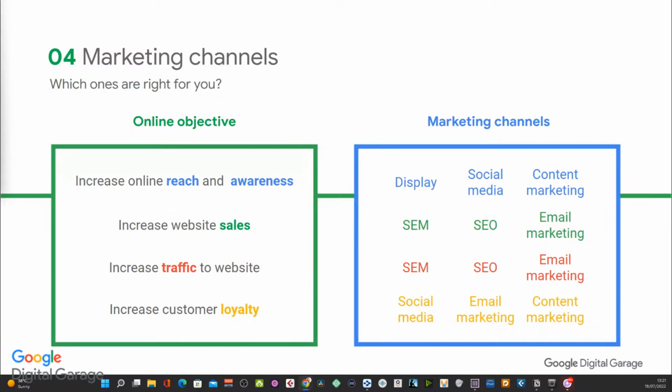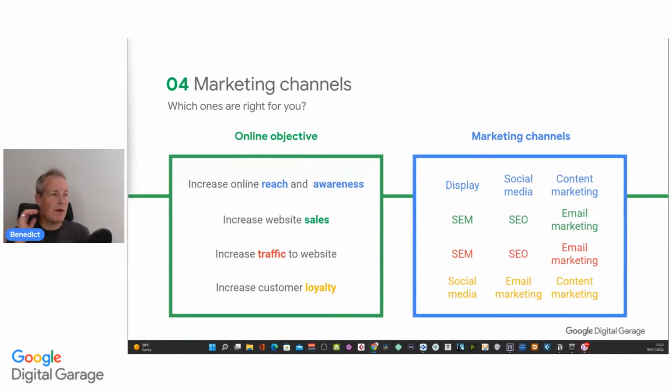Increase traffic to website: search engine marketing, search engine optimization, email marketing. Increase customer loyalty: social media, email marketing, content marketing. Please remember, there is no right or wrong. We're just providing suggestions for you to make sure they're matching what you're really looking for.